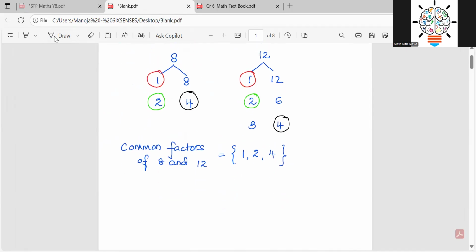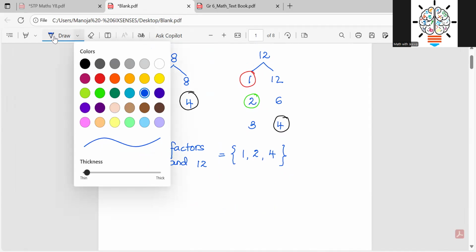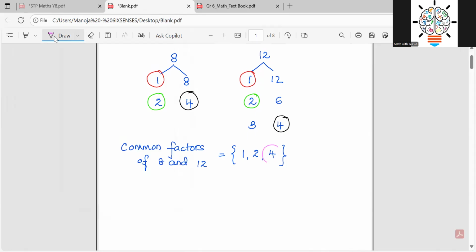Out of those common factors, a particular number is very important for me. Why? That is the highest common factor. Out of the common factors, this is the highest common factor.